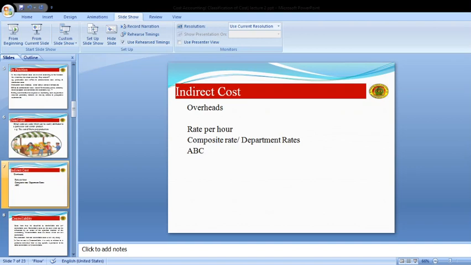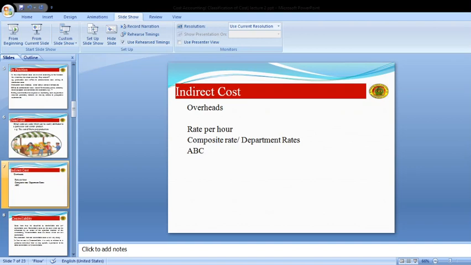Then that will be considered as a direct cost. But the cost of the supervisors who are supervising all the four units will be an indirect cost. Cost of production manager, indirect cost. Cost of a helper who helps in moving items from here to there but is not identifiable to any one unit, that will be an indirect cost.